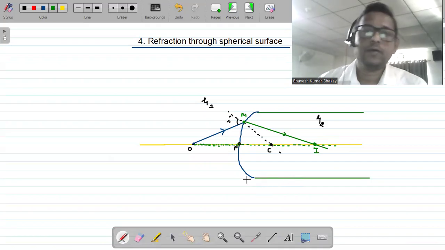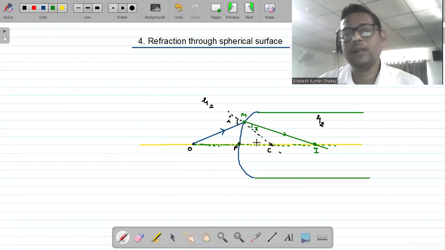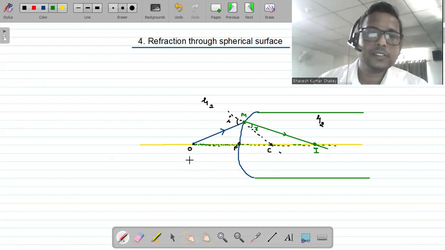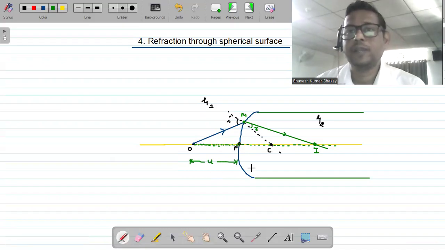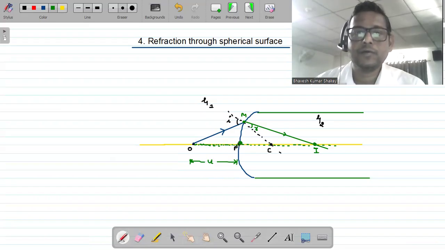Now this angle is called the angle of refraction. The distance from O to the point P is called the object distance, and we denote the object distance by u. So u is the object distance from this spherical surface. This C is the center of curvature.